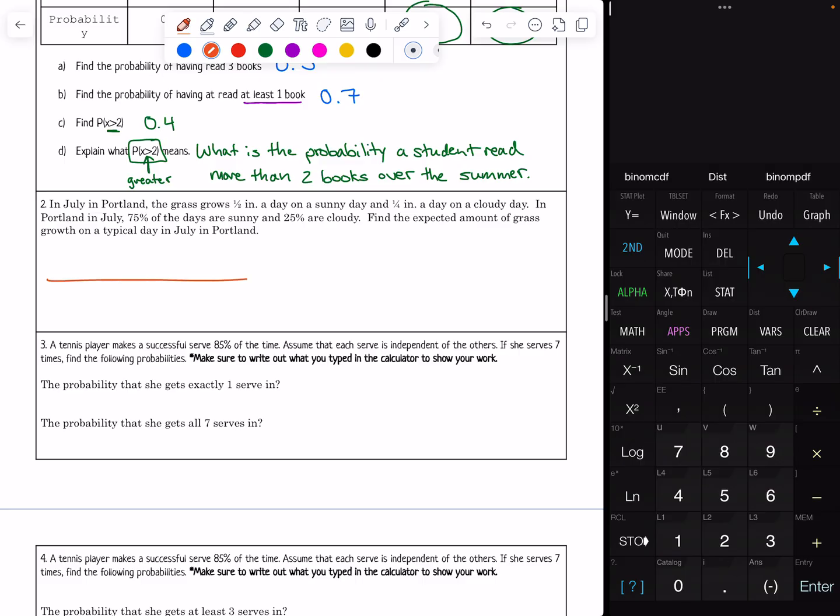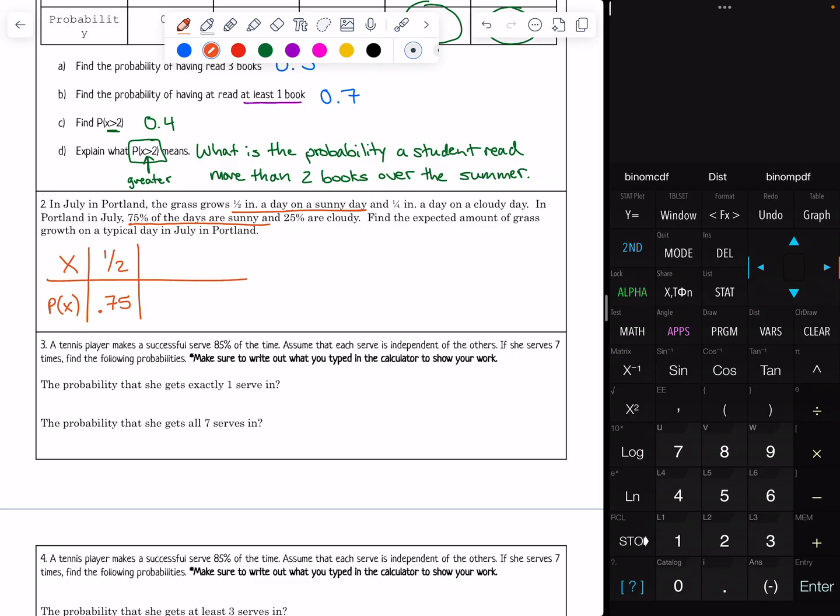So if I set up a probability distribution, I want to think of what would happen and what's the probability of that happening. If the grass grows a ½ inch and that's on a sunny day, then I need to put the probability that goes with sunny. So 75% of the days are sunny, so I would put 0.75, since my calculator doesn't do percentages.